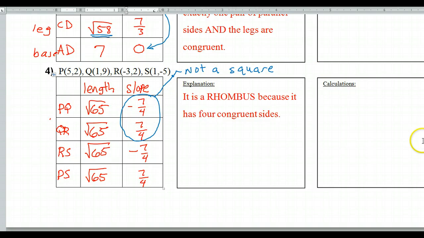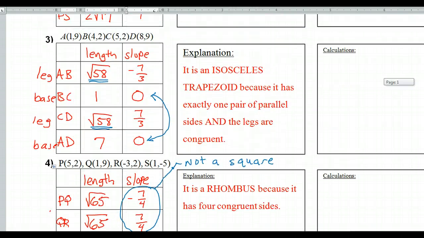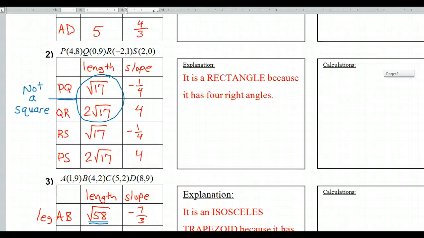These would have been opposite and reciprocal. These are not reciprocal. If you want to say, well, isosceles trapezoid, you can't get any more specific than that. If you want to say it's a rectangle, you have to explain why it's not a square. Circle these lengths. If it were square, those would have been the same. So these show it is not a square.